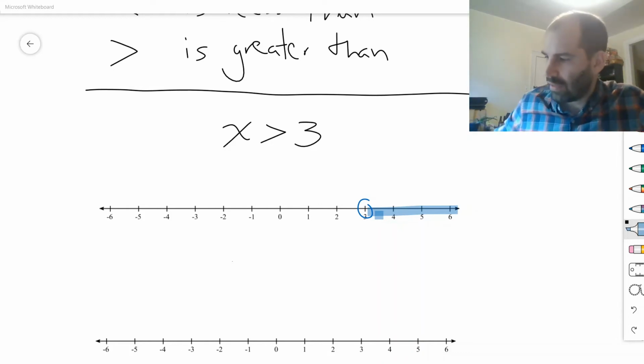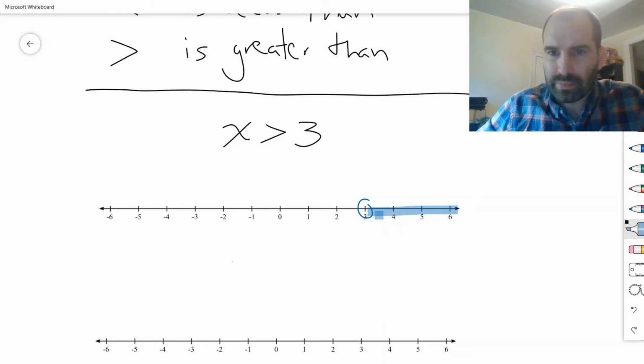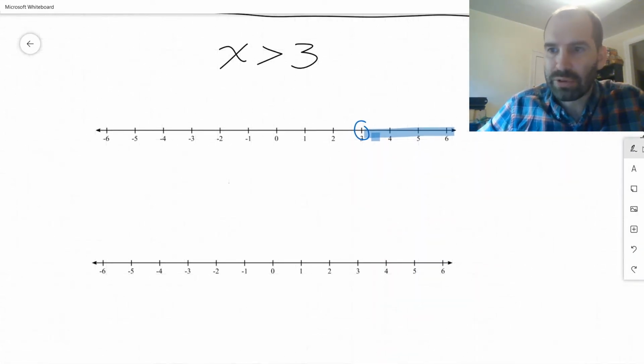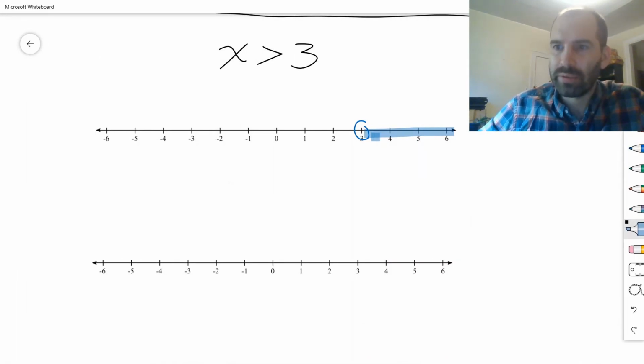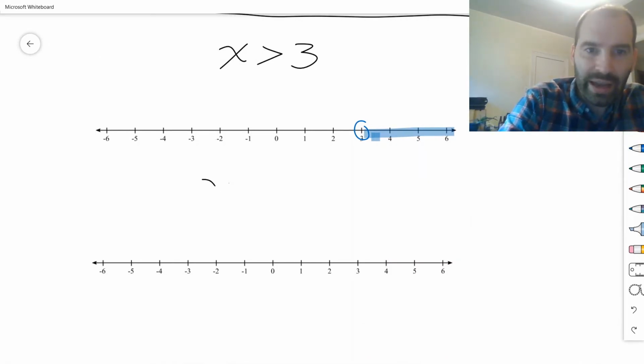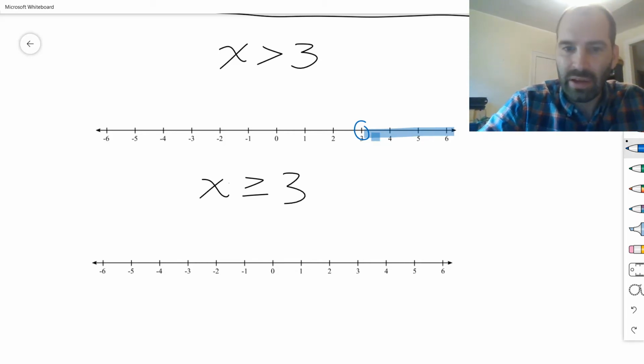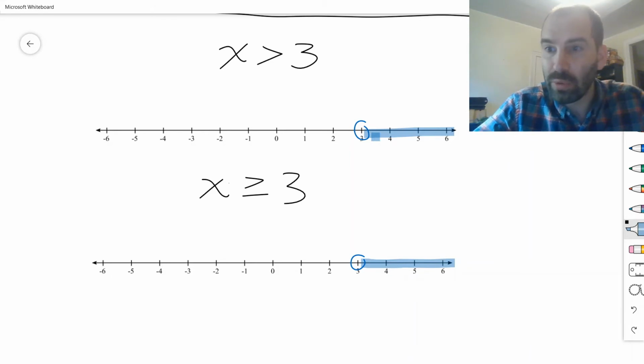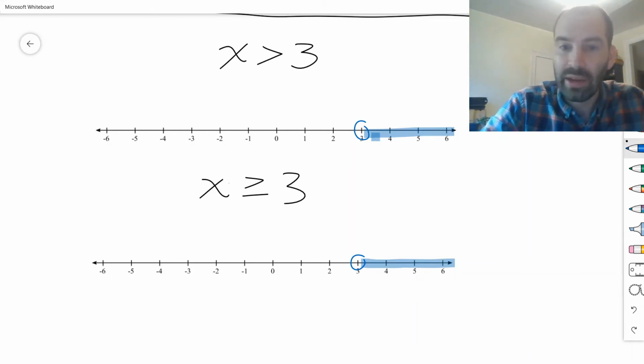What about greater than or equal to? How would that one work? If I said x was greater than or equal to 3, how would I draw that? Here we are at 3. Greater than is this, we already did that, but it's or equal to, so it could also be equal to 3. We have to allow the possibility that we are exactly at 3. So what I do is I fill this in, just like that.